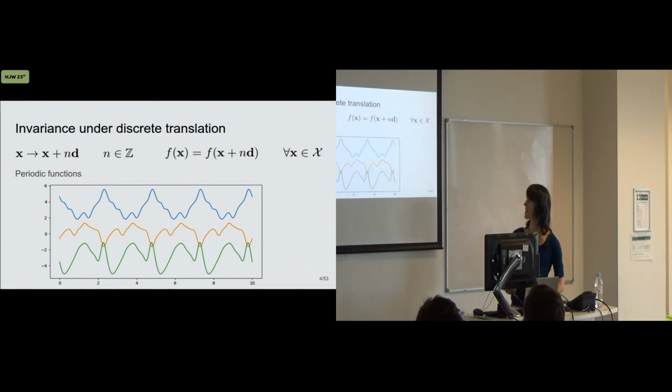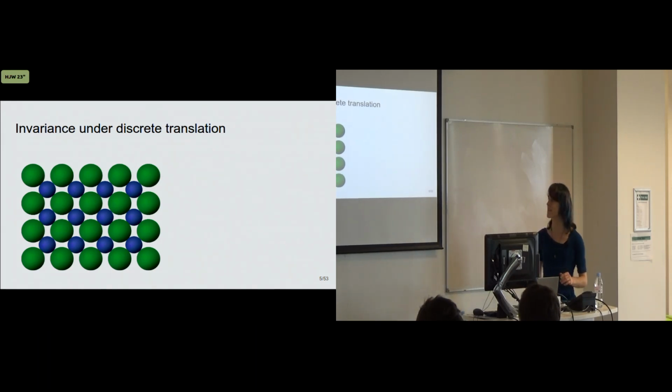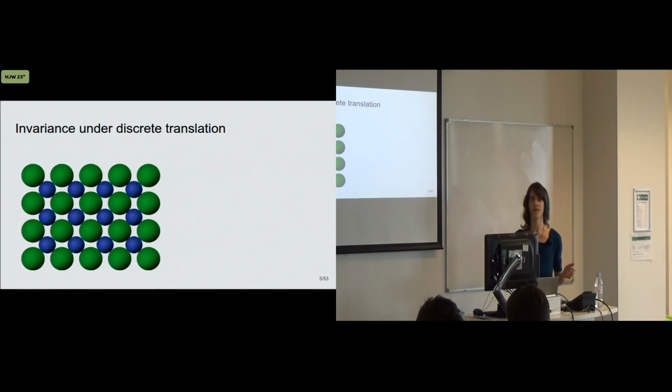So another example of discrete translation invariance is if we think of something like a crystal. This is a pictorial representation of a sodium chloride salt crystal. But a key thing to get across here is it's not about the symmetry of the object.